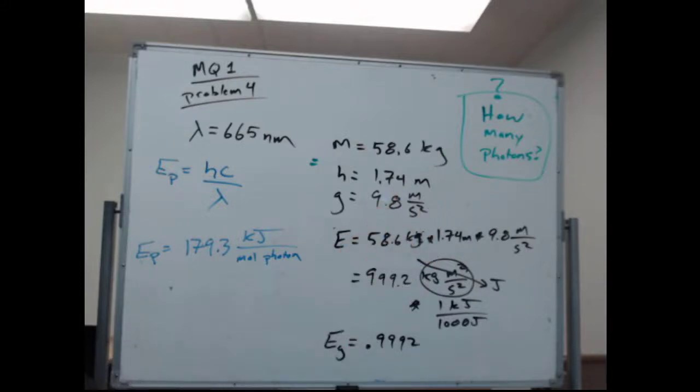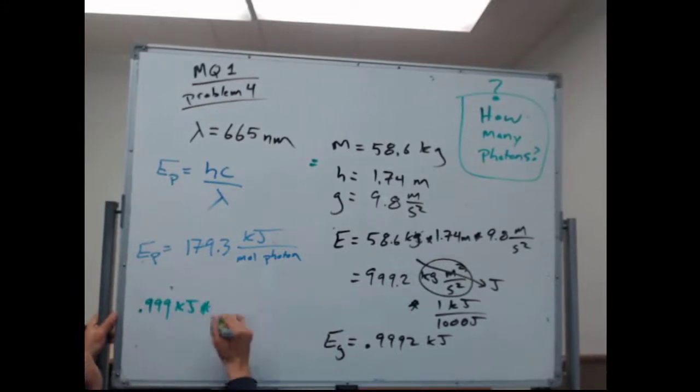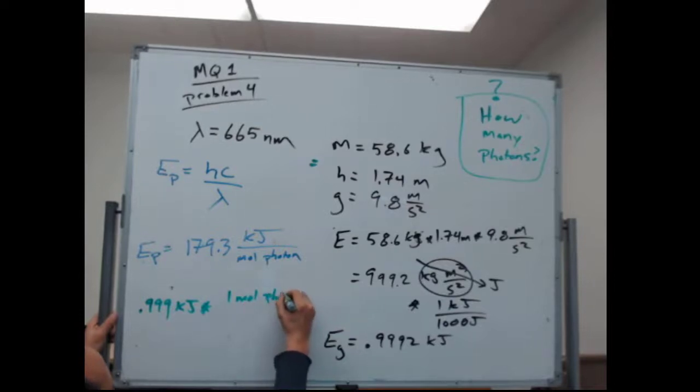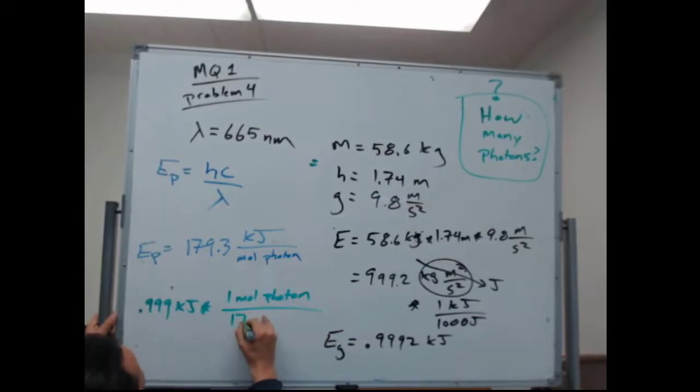So we're not done, because remember, how many photons, right? That's what the question is actually asking for. So when we look at this, based off of these two things, this is kilojoules. I have 179.3 kilojoules per mole, and I've got less than 1 kilojoule, so I should need something a lot less than a mole of photons. You can see just by doing a little bit of unit analysis: 0.999 kilojoules times 1 mole of photons has 179.3 kilojoules.